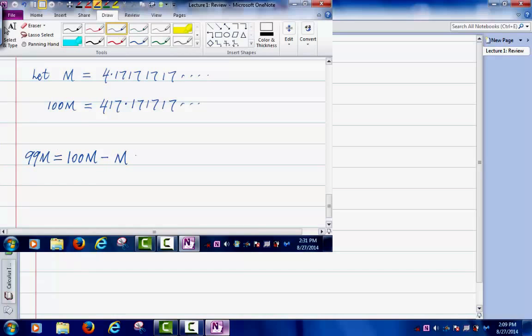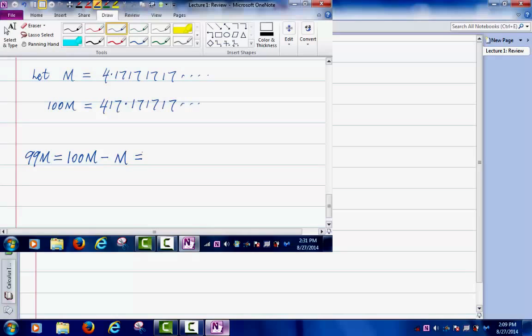Okay. So I subtracted on the left. What happens when I subtract on the right? What do I get? Is that 413? You agree with that?